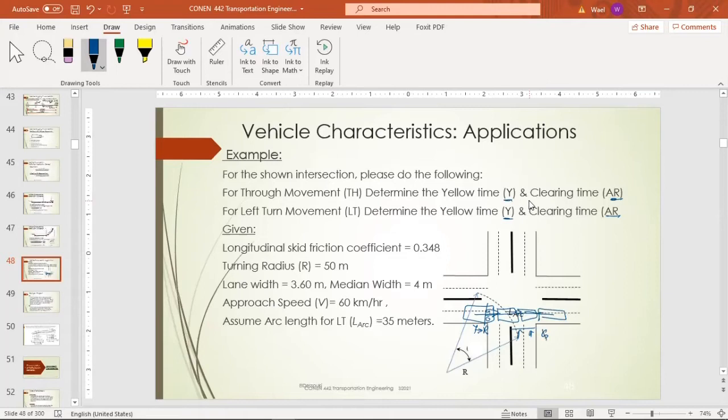That's why we have what we call all red time. So this phase still shows red, despite the fact that here is red, but both get red until the vehicles inside this area have cleared the intersection. Clear on that?